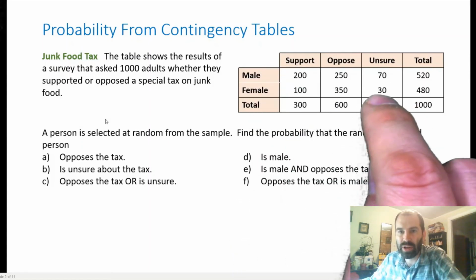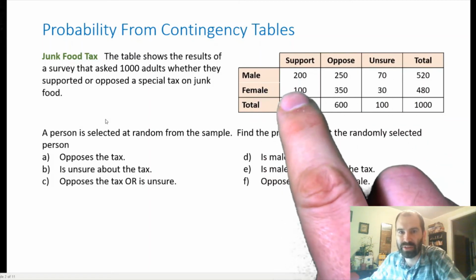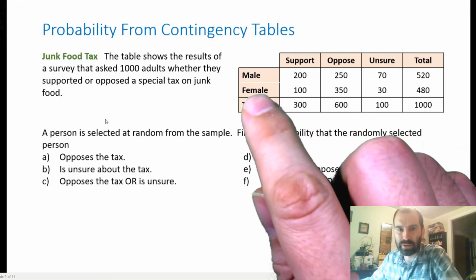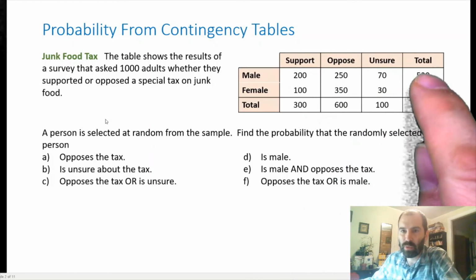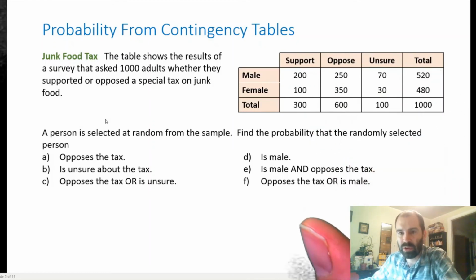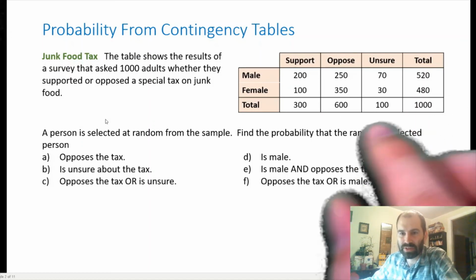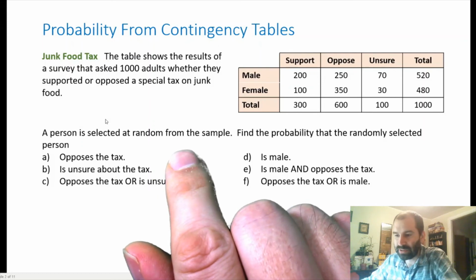There were 30 people who were female and unsure. So every cell in this table is telling you a certain type of person, their gender and also their stance on this issue. Also on the right and on the bottom of the table we have the totals. Okay, so we're going to use this table, which is called a contingency table, to compute some probabilities.